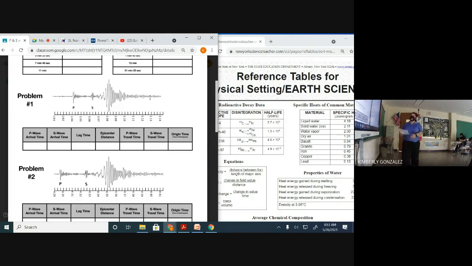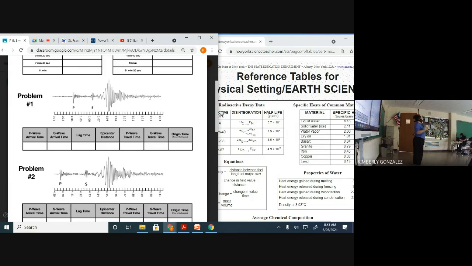Okay, so the origin time is going to be in the past, right? You need to know how long the P and the S wave will take to get to you at the seismic station, because the earthquake happens here, but by the time it gets to you, it takes 5 minutes, however long it takes.